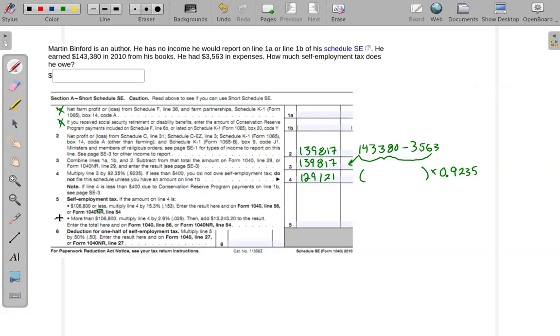Then, since that is more than 106,000, we multiply that by 2.9%, right? And then add $13,243.20. Let's do that on the calculator. So again, we're taking this result here and multiplying that by 2.9% as a decimal, 0.029. And then we'll add $13,243.20. And that should give us his self-employment tax.